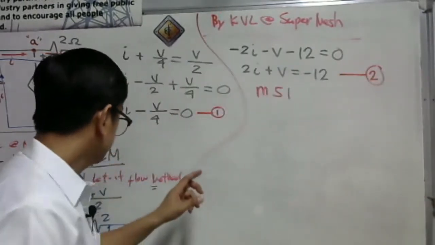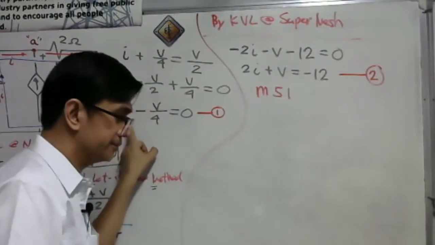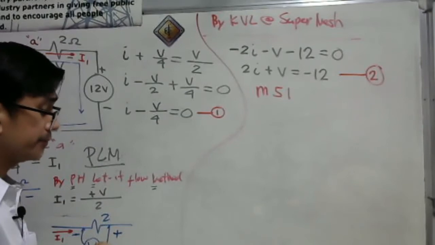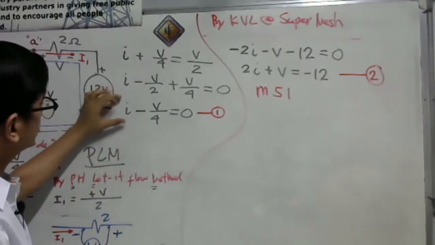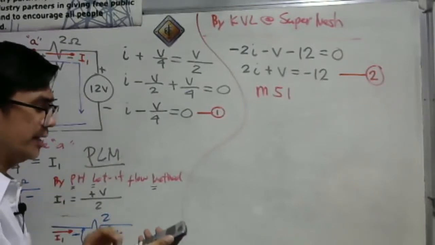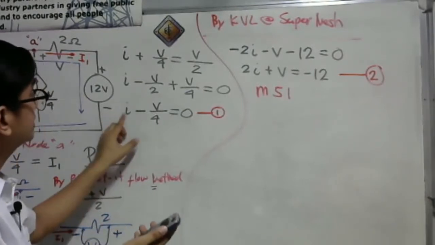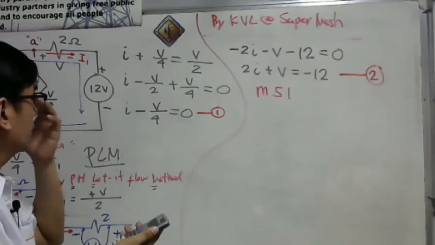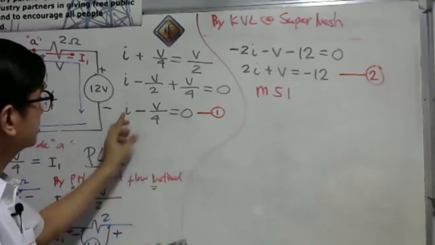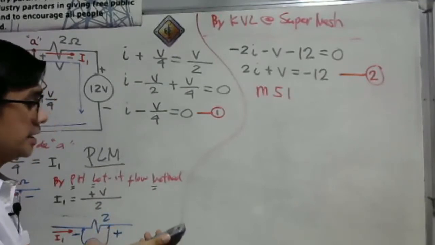So let us have here mode 5.1. Take a look at our equation number 1. The numerical coefficients are 1 equals, then negative 1/4 equals, then 0 equals.